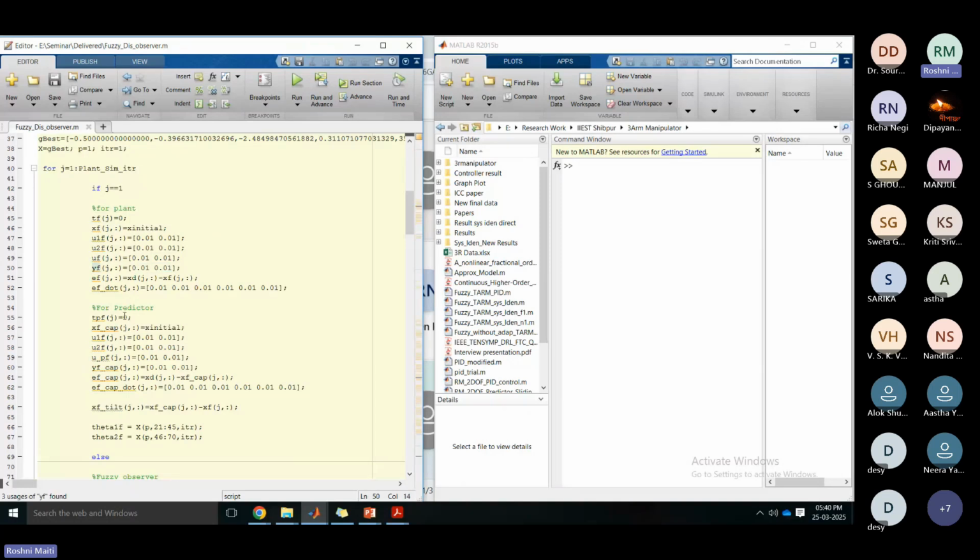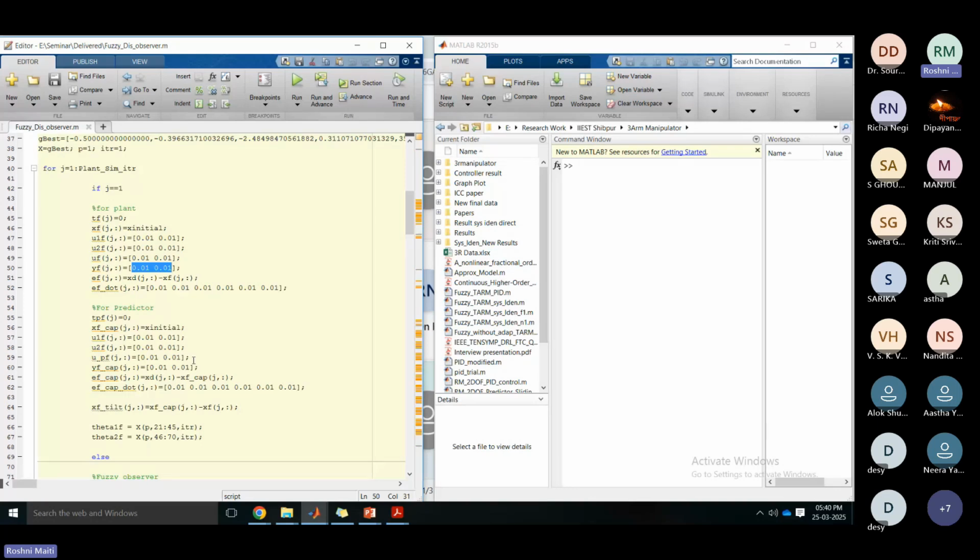Output is represented with this Y. So ultimately we will have 2 position values, one from pitch rotor and another from yaw rotor.